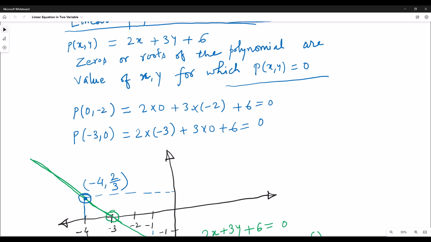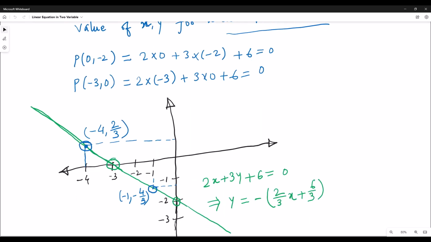And p(minus 3, 0) is 0. So x is minus 3 and y is 0. So that becomes 2 times minus 3 plus 3 times 0 plus 6. So this becomes 0. So the roots of this polynomial 2x plus 3y plus 6 include (0, minus 2) and (minus 3, 0).